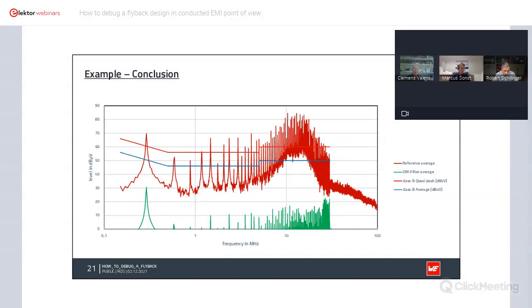It's not completely the truth, because in simulation I get no basic noise. If you run such a system with measurement equipment, you always see around 10 to 20 dB microvolt of basic noise.